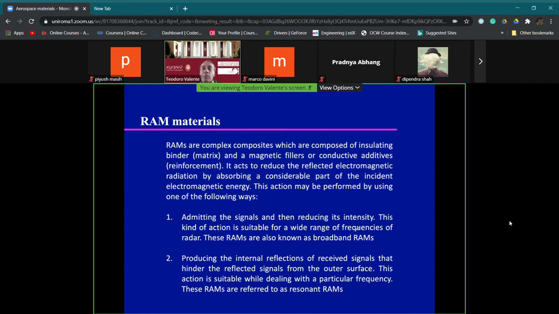That is, by absorbing, in addition to the positive effect which can be given on the reduction of the radar cross-section by the shape, a considerable part of the electromagnetic energy associated with the impinging beam. And this can be done by following two conceptual lines.